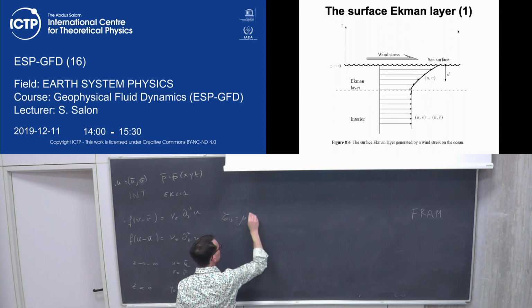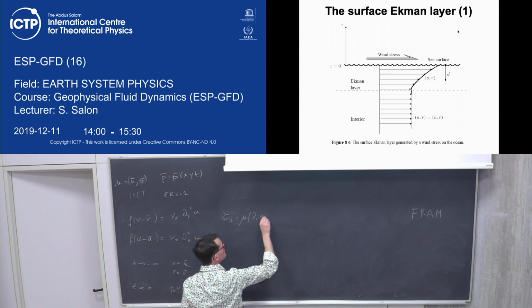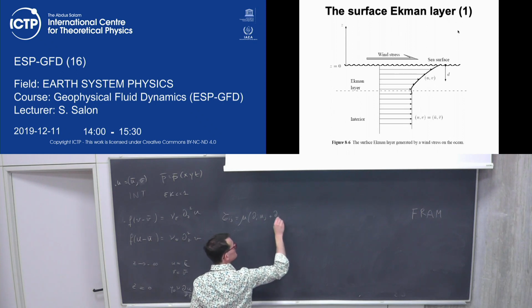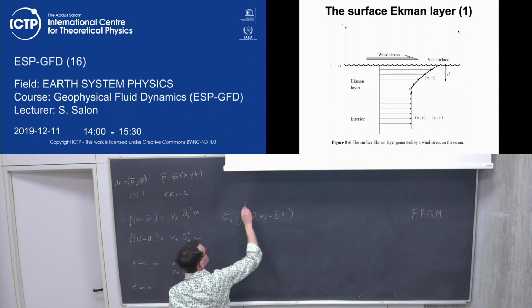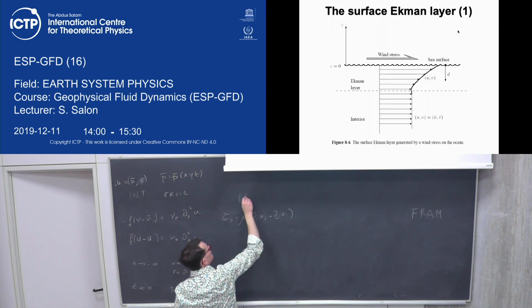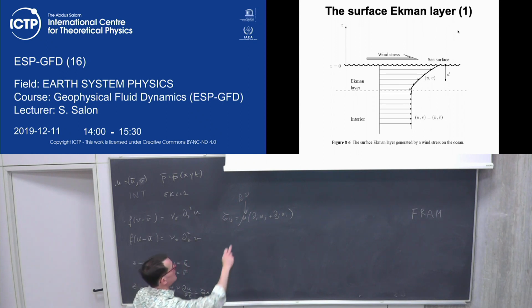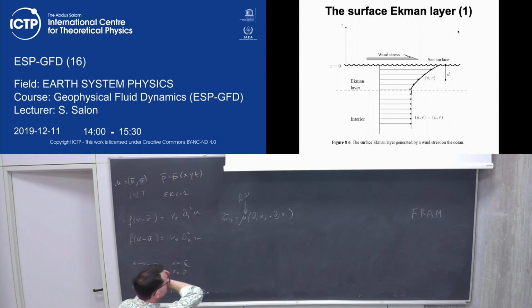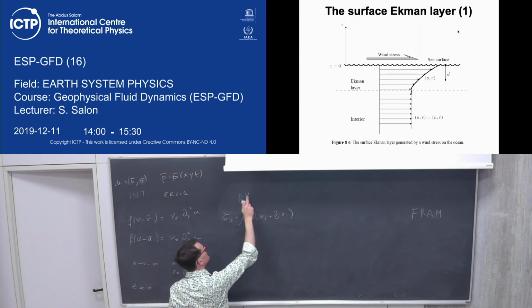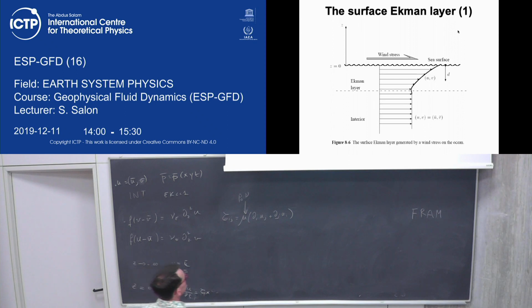The stress tensor was mu (du_i/dx_j + du_j/dx_i). Now we are in a very symmetric situation because we just consider the z direction in this case. So mu is rho 0 nu. This is the kinematic viscosity and this is the dynamic viscosity. No, contrary, this is the dynamic viscosity, this is the kinematic viscosity.